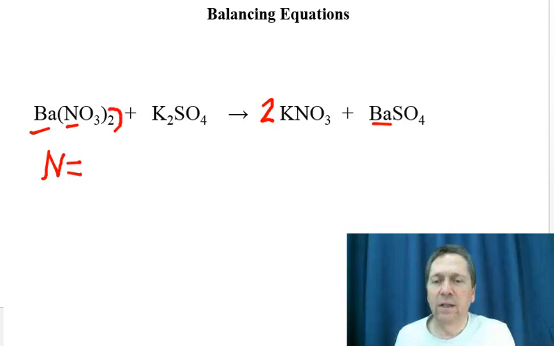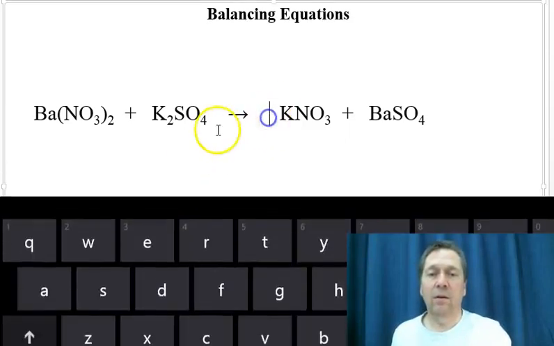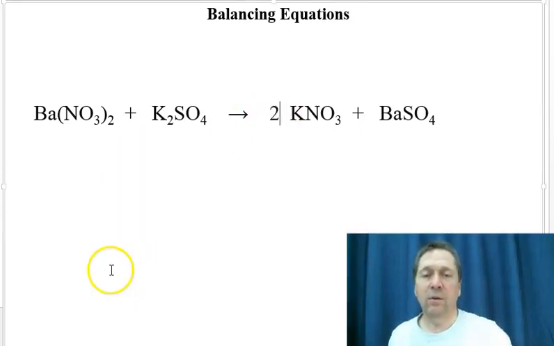This 2 here tells us there's 2 on this side of nitrogen, and this 2 here tells us that there's 2 lots of nitrogen here. So N on this side equals 2, so it balances up. That's good. Just better put that 2 in there. There we go.